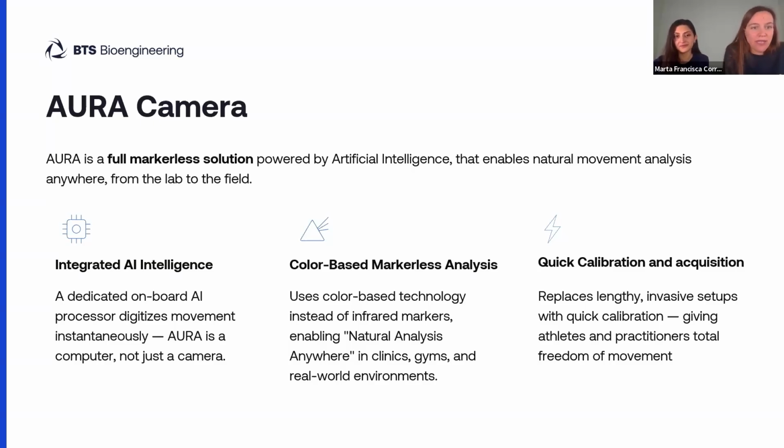It uses color-based technology instead of infrared markers. So it enables natural analysis anywhere in clinics, gyms, real-world environments, and it replaces lengthy invasive setups. So it's quick, smaller, lighter, and it gives the athlete or the patient, the subject, total freedom of movement, and it's also very quick and easy to use.